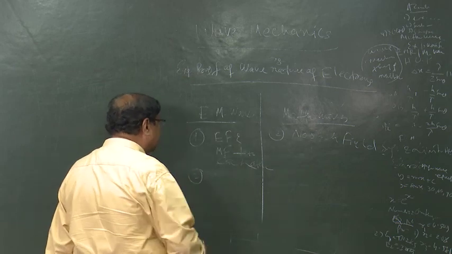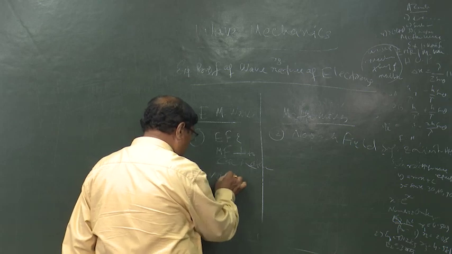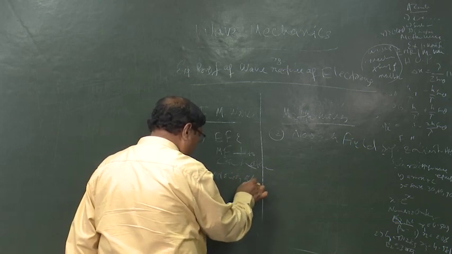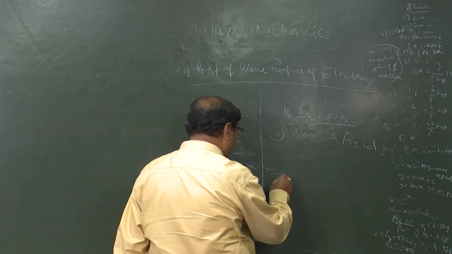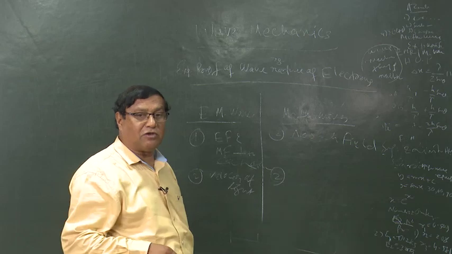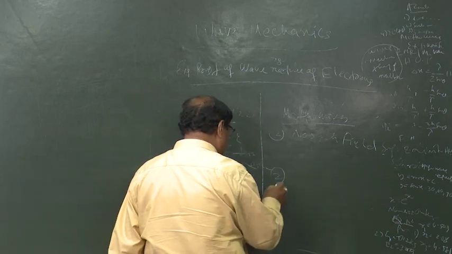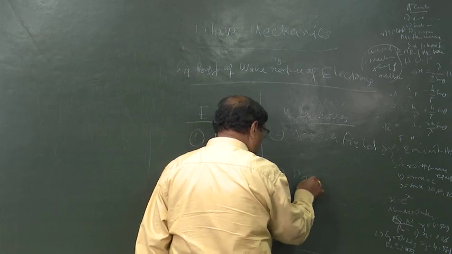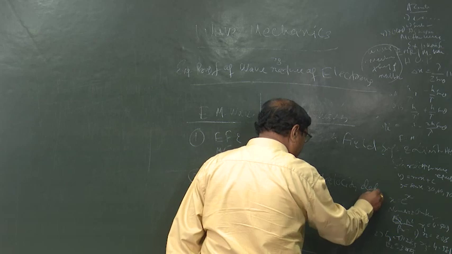Second, the particles in electromagnetic radiation travel with the velocity of light. In the case of matter waves, as we have shown by calculation that the tennis ball will also have a wavelength, the velocity is different depending on the particle.